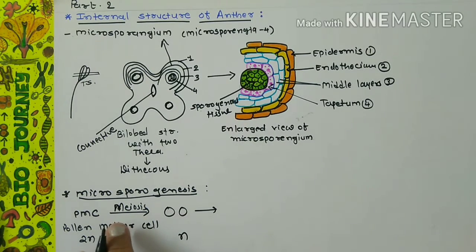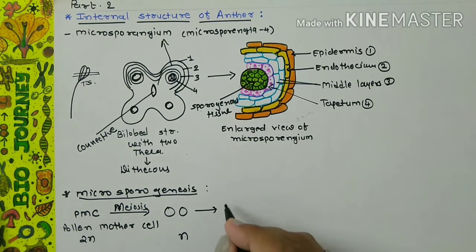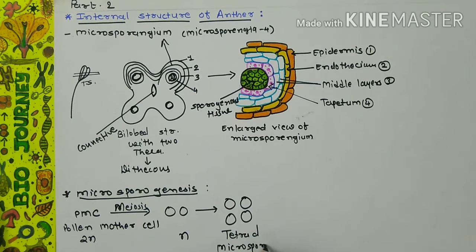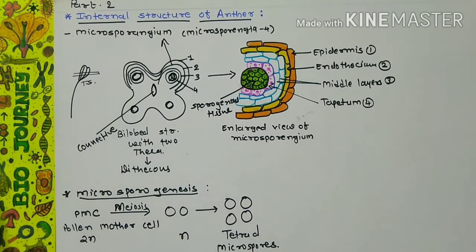Lastly, after successive meiotic divisions, this PMC turns into a tetrad, meaning four cells. These four cells are known as microspores.